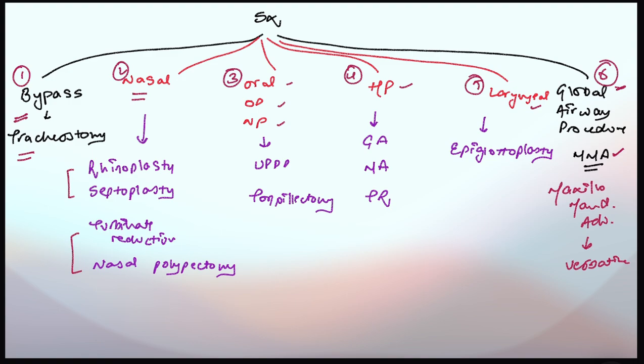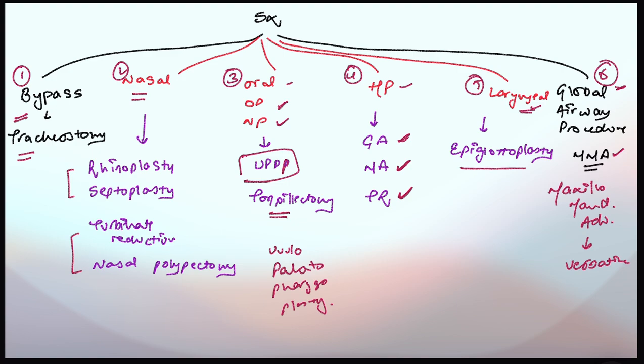For the oral, oropharyngeal or nasopharyngeal procedure, the most accepted treatment is UPPP, uvulopalatopharyngoplasty, and the next treatment modality is tonsillectomy. For the hypopharyngeal procedures, we can go for genioglossus advancement, mandibular advancement, or tongue reduction. For the laryngeal procedures, we are having epiglottoplasty.